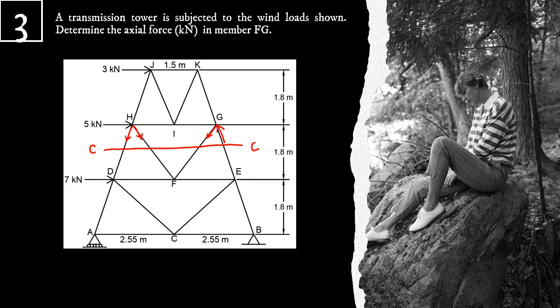Now, how are we going to solve for force FG? We simply take moment at point H. Because at point H, both the forces DH and FH are at that point, meaning they have zero moment about point H. Only the forces FG and EG have moment about point H.